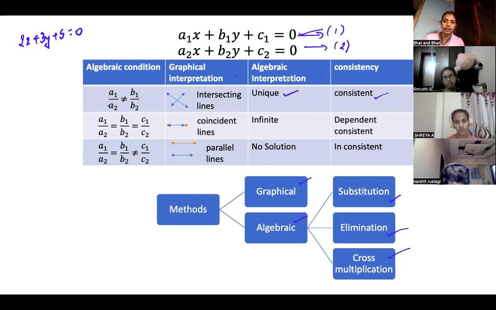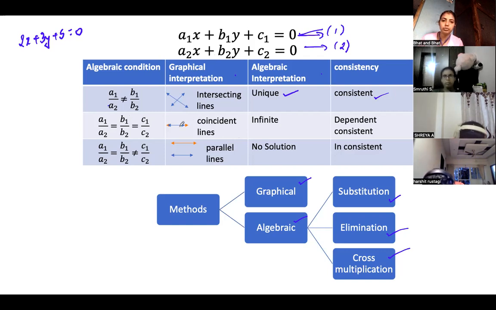Then if a1 by a2 is equal to b1 by b2, which is equal to c1 by c2, that means the ratios of all the coefficients are equal, then the lines you plot on the graph will be coincident lines.